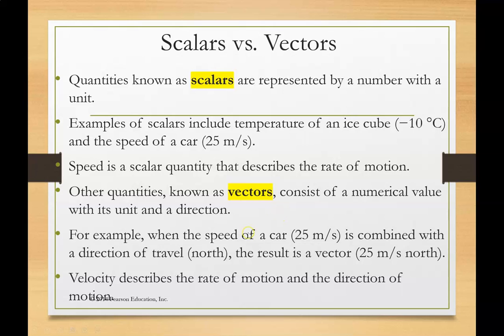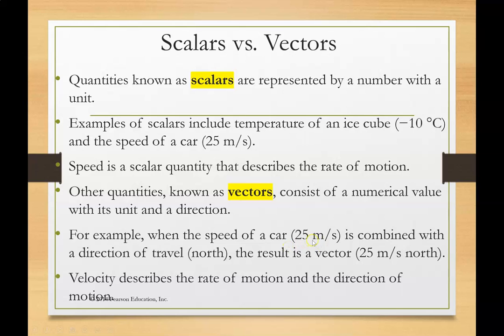So for example, if you're driving in your car and you're driving at 25 meters per second, that's your speed. Whatever your speedometer says, that is the speed of your car. That is a scalar quantity, because I don't know if you're heading home, heading to school, or going to Starbucks. We don't know the direction that you're going in.